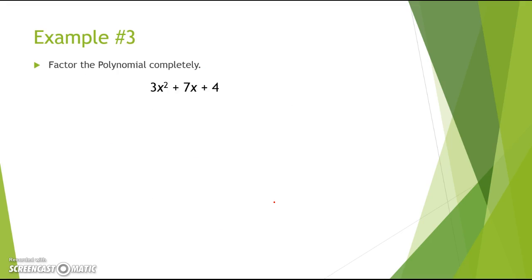For example 3, we're going to factor the polynomial completely. We have 3x squared plus 7x plus 4. So what we're going to do is look at our a, which is 3, and our c, which is 4. When we add our a and c together, we need to get our inner value, which is 7.